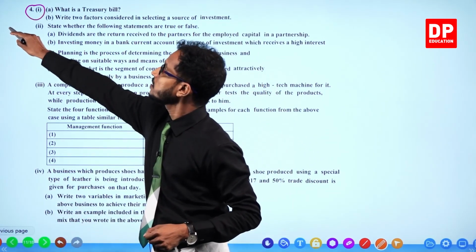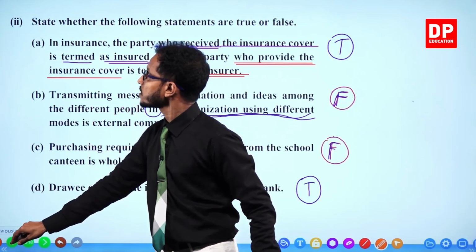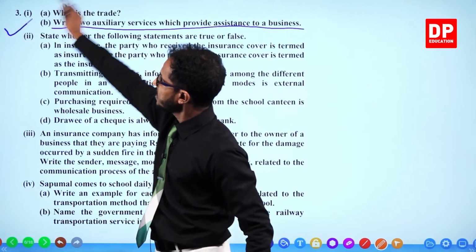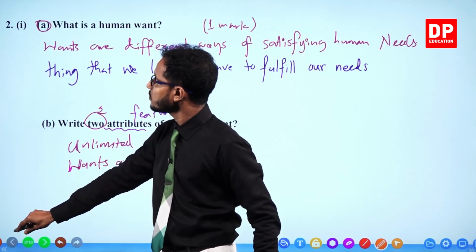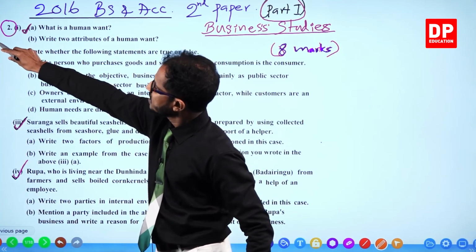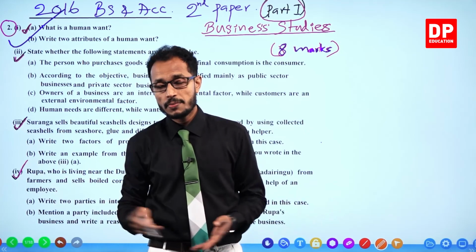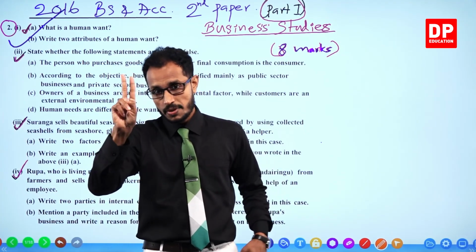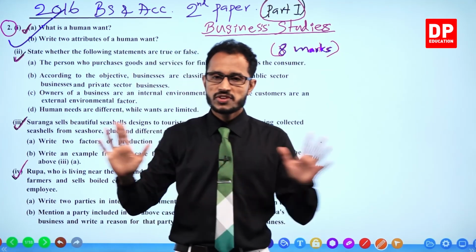The 4th one we did, the 3rd one we did, and the 2nd one too. So for the 2016 business and accounting second paper, the business studies part, all the questions we have discussed.